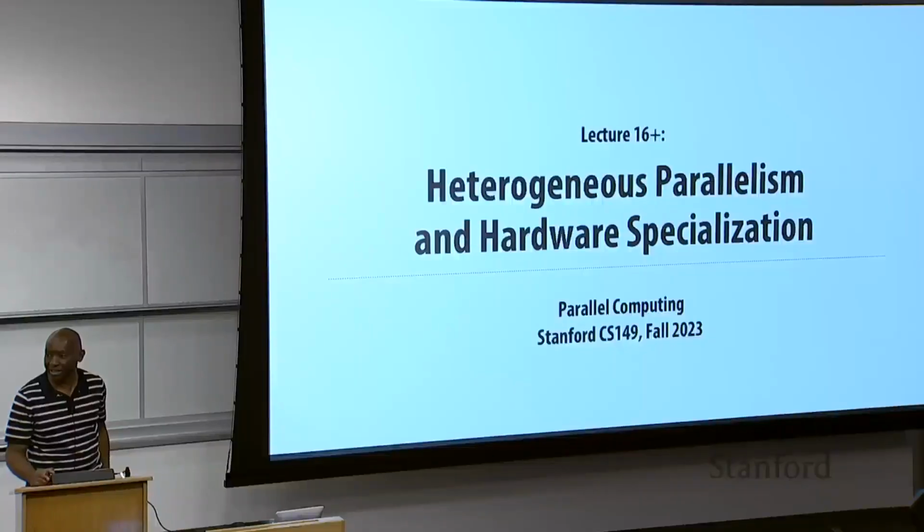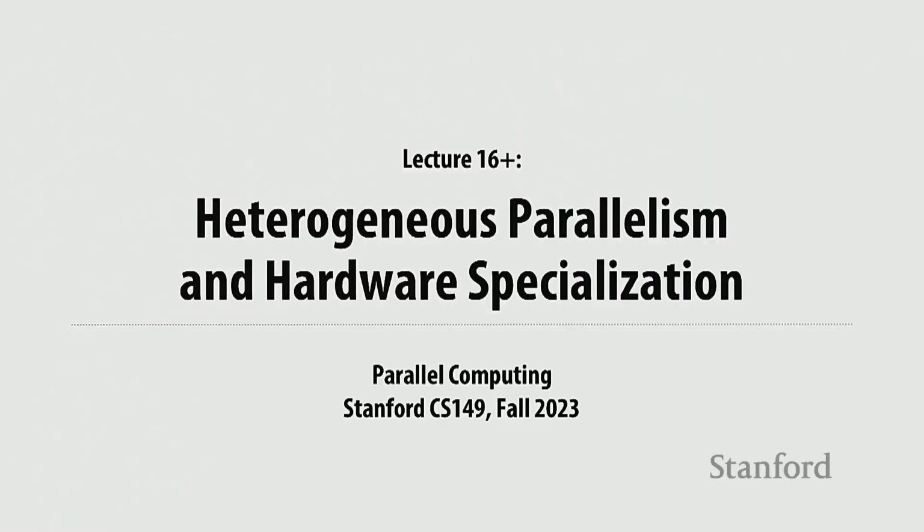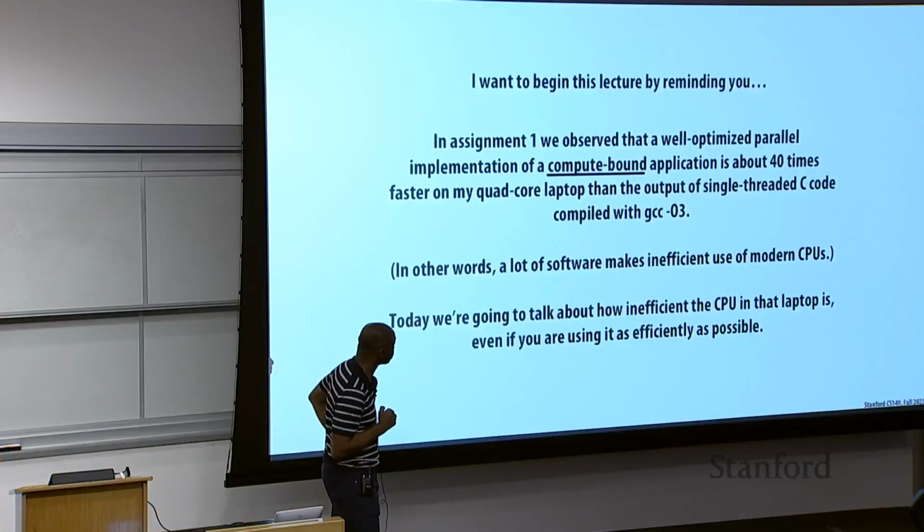All right. I think we don't have much time to talk about heterogeneous parallelism, but let me kind of get going a little. So far we talked about using processors and GPUs and SIMD execution to exploit parallelism.